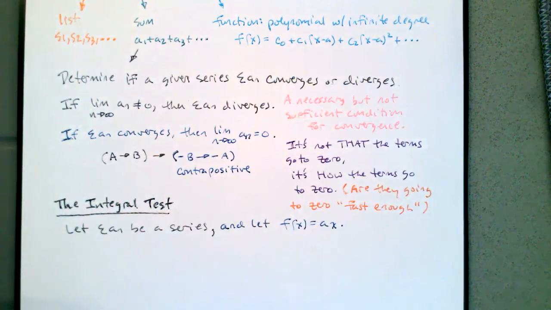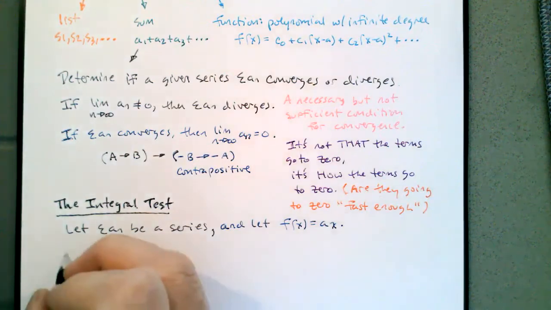That's not part of the given, that's just the first thing that we do. We think of the terms of the series as a continuous function. And the test says, if the improper integral converges or diverges, then the series converges or diverges.